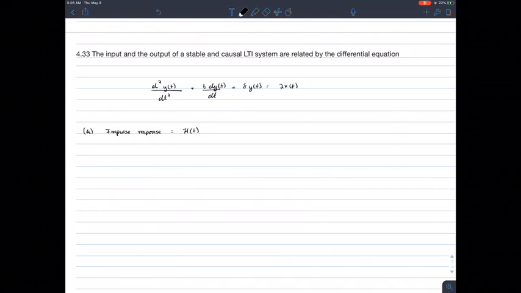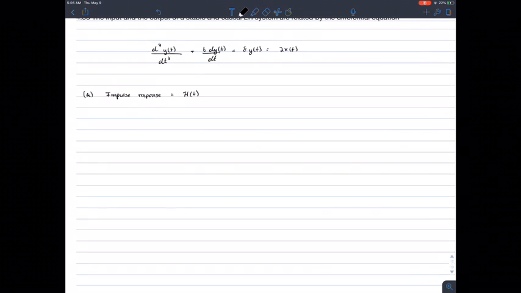from the given differential equation, and kind of an overview before we start.